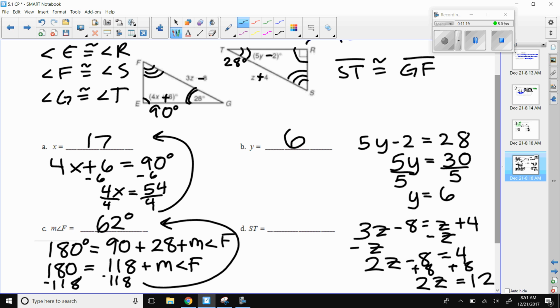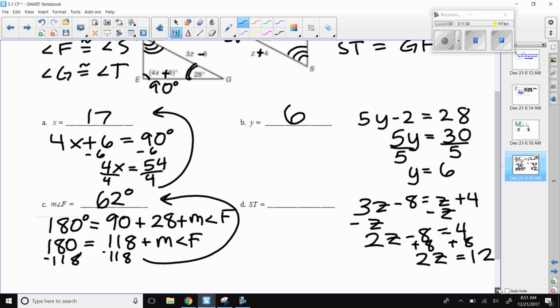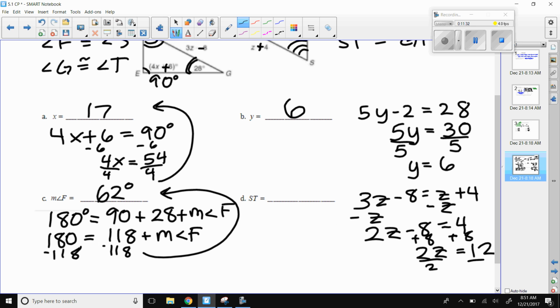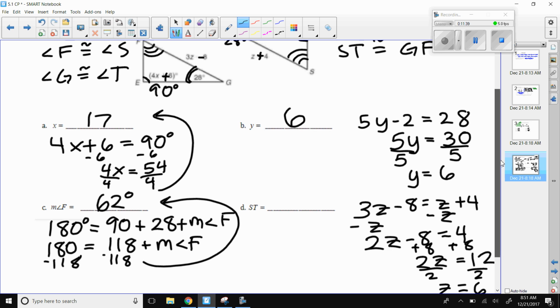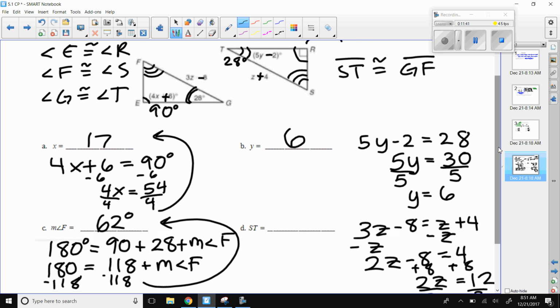If I divide by 2, I get Z equal to 6, and then I have to plug that back in to ST. So ST was originally Z plus 4, so now I'm going to have 6 plus 4, which gives me 10.